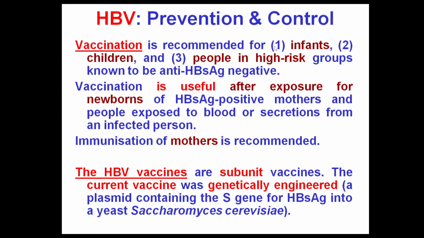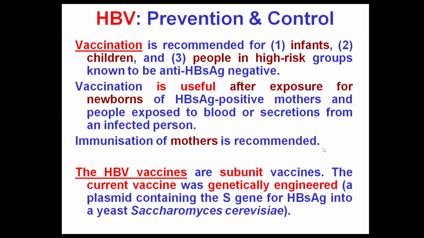Then for older people, it is recommended for people in high-risk groups known to be anti-HBs antigen negative. Vaccination is useful after exposure for newborns of hepatitis B surface antigen positive mothers and people exposed to blood or secretion from an infected person. Immunization of mothers is also recommended.